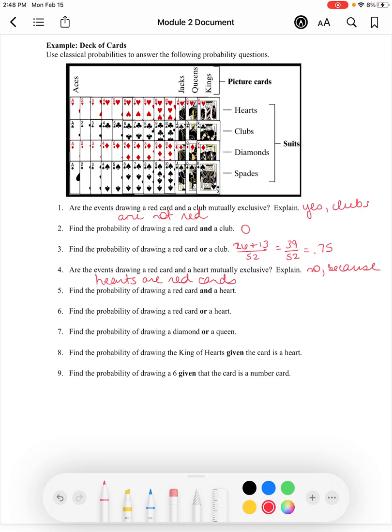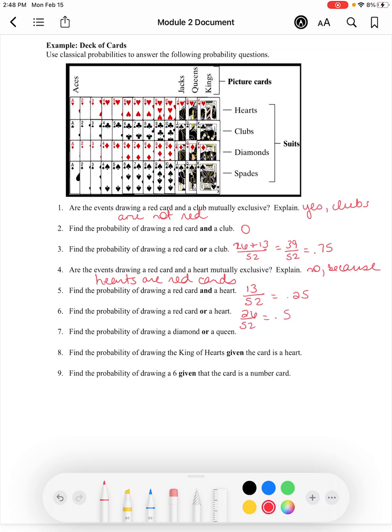So if they can be both, then they're not mutually exclusive. Find the probability of drawing a red card and a heart. There are 13 cards that are red and hearts. So that's 0.25. Find the probability of drawing a red card or a heart. That would be 26 out of 52, or 0.5.